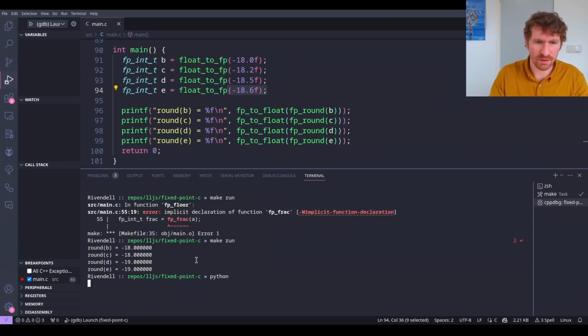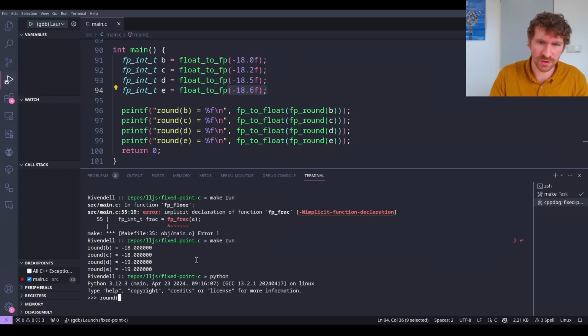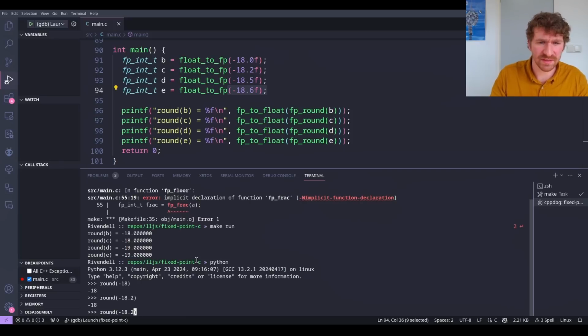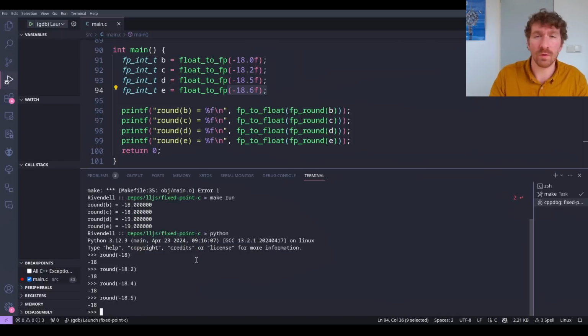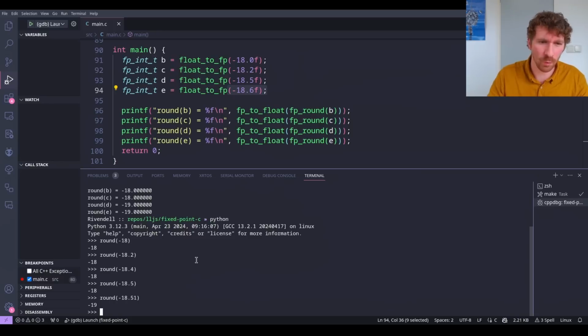And if we go into Python and use the round function and say negative 18, we get negative 18. If we do negative 18.2, we get negative 18. If we do negative 18.5, here we just get 18, but if we make it 18.51, then we get 19. I think this is a case of even and odd.